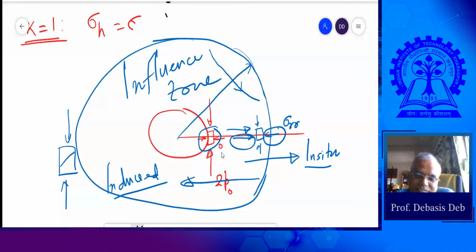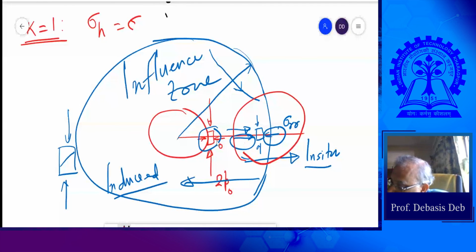After that, it is the same as in situ. Now you see the beauty here: as it goes inside, confinement increases and tangential stress reduces, and as a result it very quickly goes towards the in situ values, whatever they were before, that means p naught and K p naught.